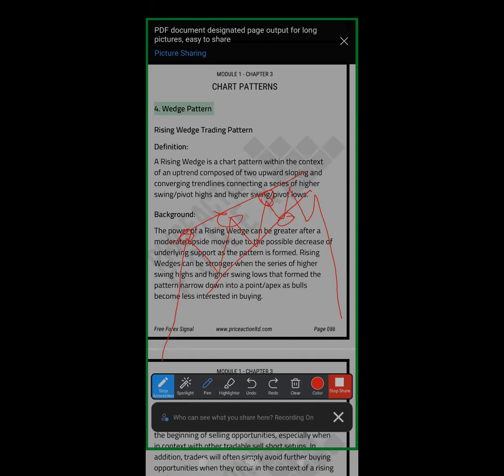Break even is putting your stop loss at the same price as your entry, or a little above your entry. That means you cannot get a loss if your stop loss is hit. So even if it's hit, you position yourself again when you touch the support.